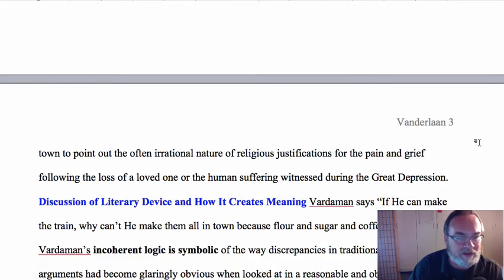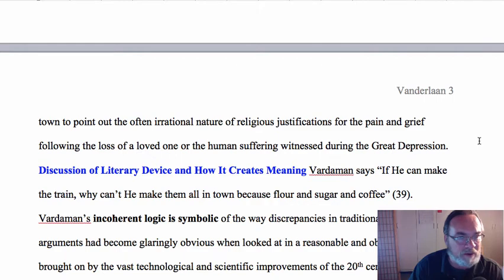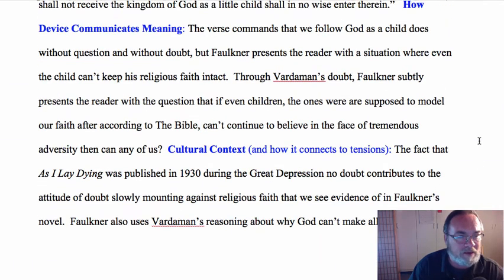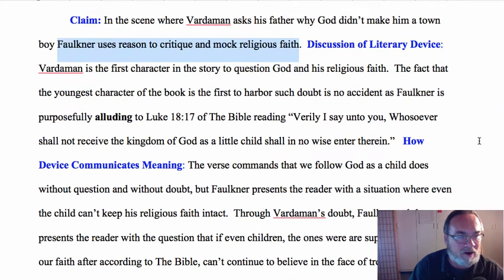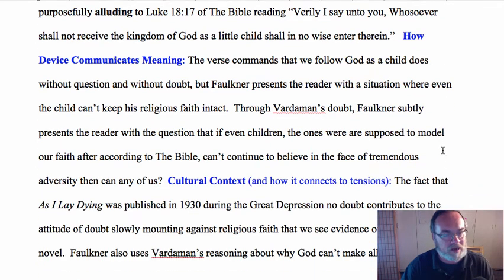So here we have in this body paragraph from Brian's paper all of the elements of a strong body paragraph. We have a claim, we have a discussion of a literary device and how that device communicates meaning in terms of the tension, and we have a discussion of cultural context.